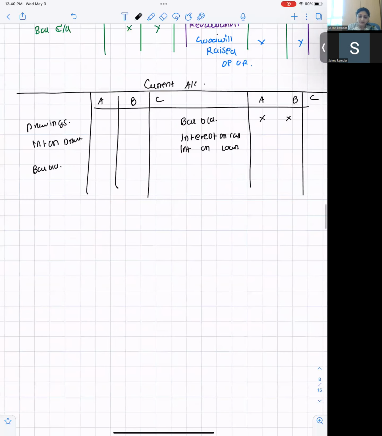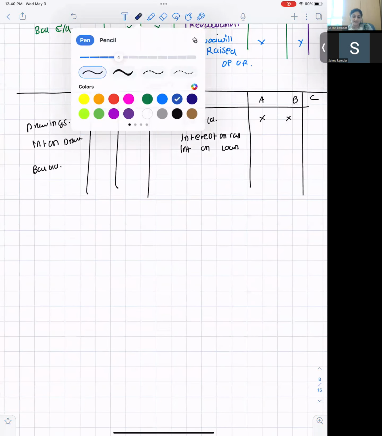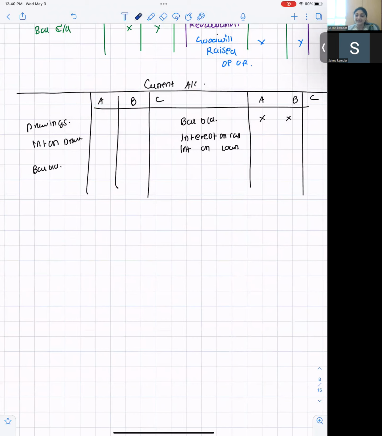Now the next thing that you need to understand is how do I calculate NATO? NATO means net assets taken over. NATO is calculated by assets taken over.